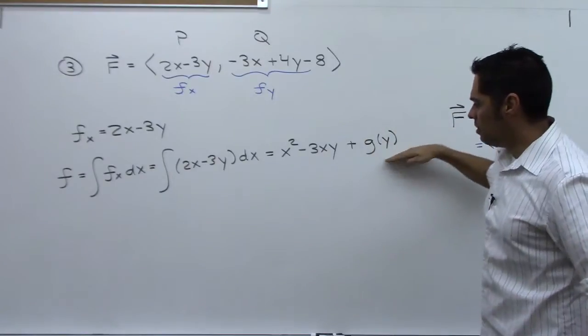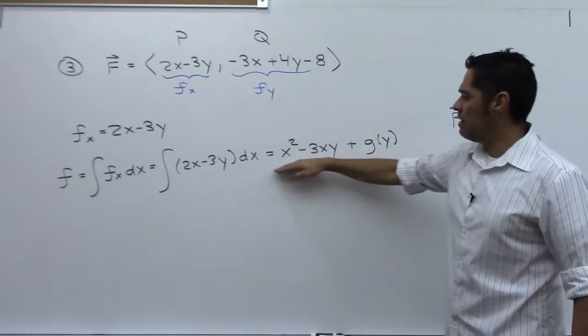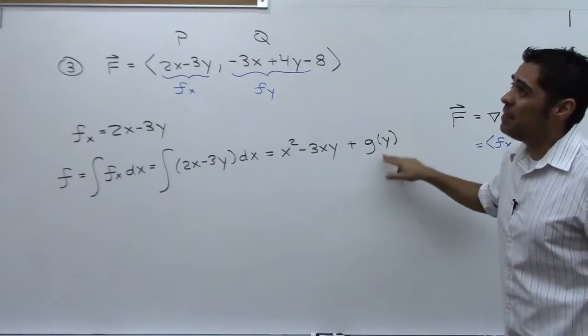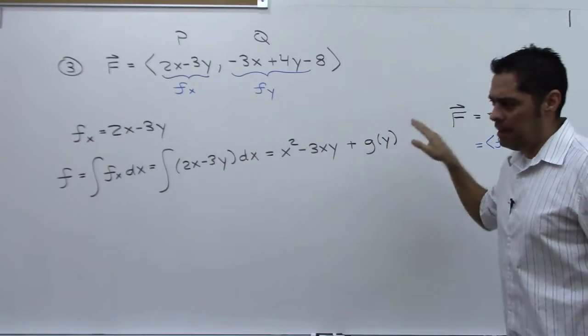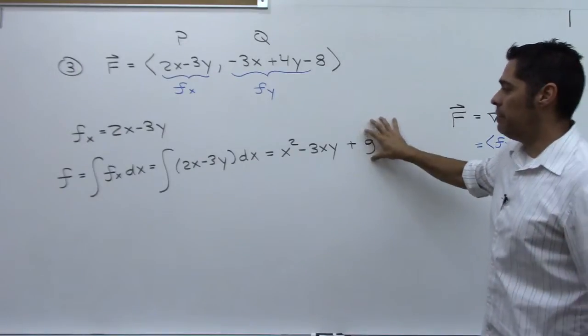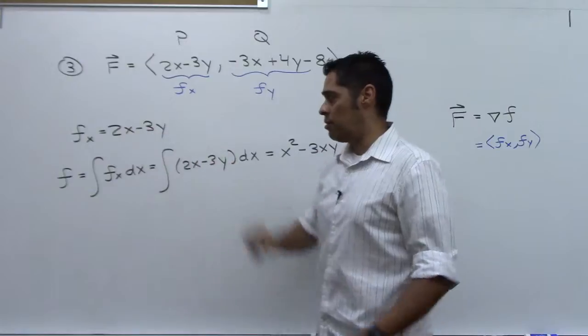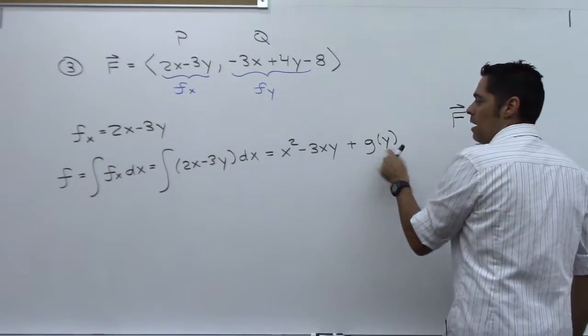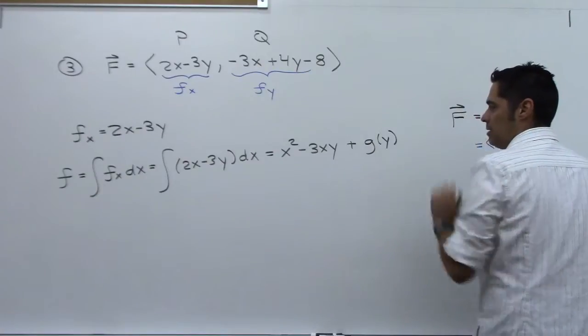In that case, if I took the derivative with respect to x, this would be 0. So I don't know if it has y's or not, but I have to act like it might.